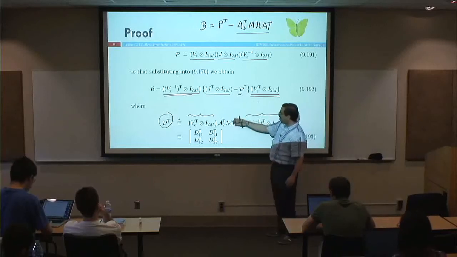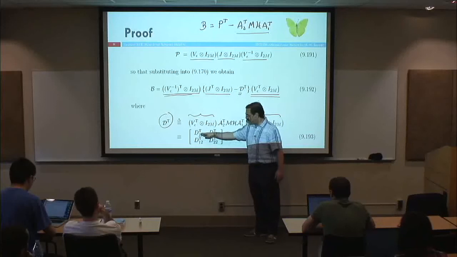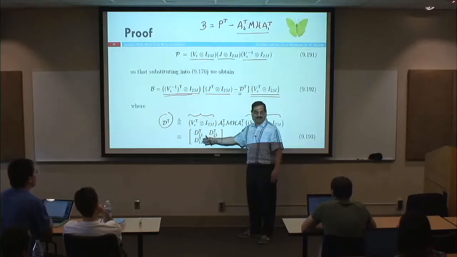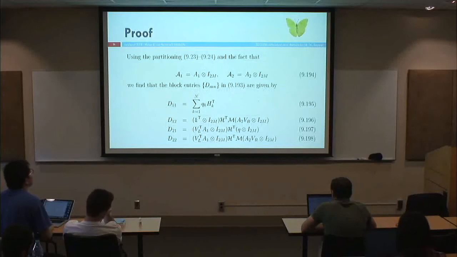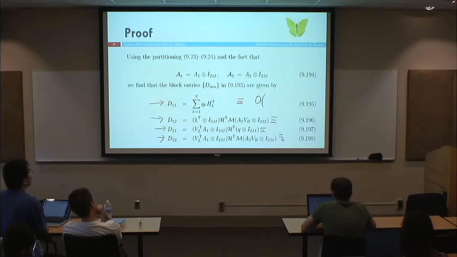So this D is defined like this, and last time I said let's partition this D into a 2 by 2 block matrix where D11 was 2m by 2m and the rest is there. And then last time I gave you the expressions for these quantities. We don't need them, but I'm just reminding you. The important thing was I showed that all these quantities were of the order of mu max.